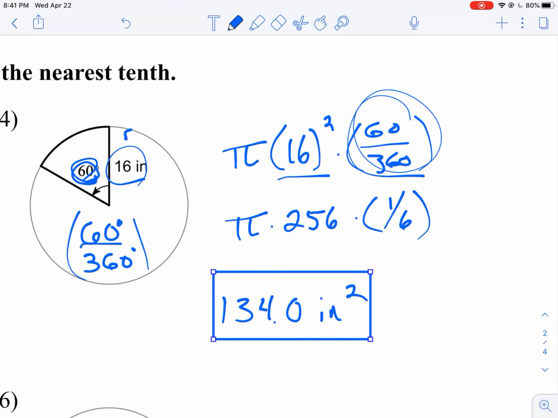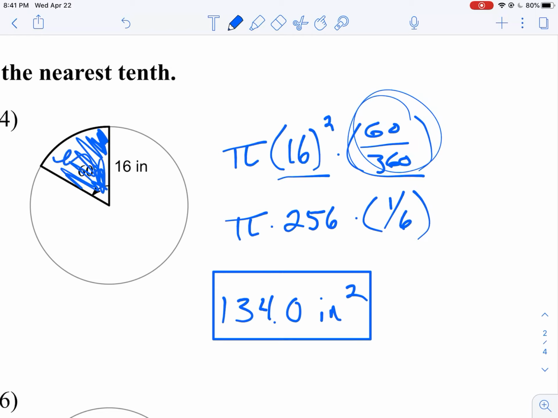Boom. And that's sector area. So this little part of the whole pizza, this section right here, is 134 square inches, roughly. The whole thing is obviously going to be more. When we multiply by this fraction, we're finding the fraction of the circle that we want.